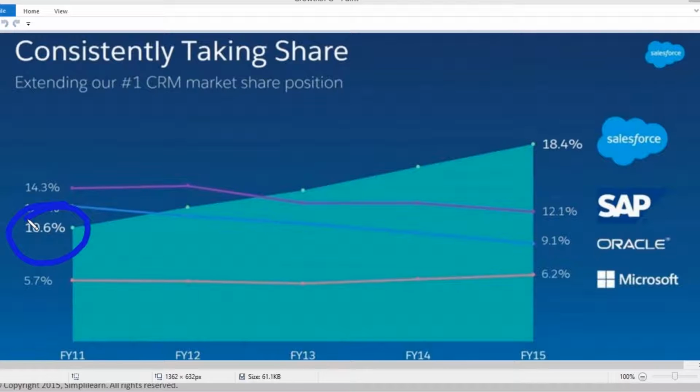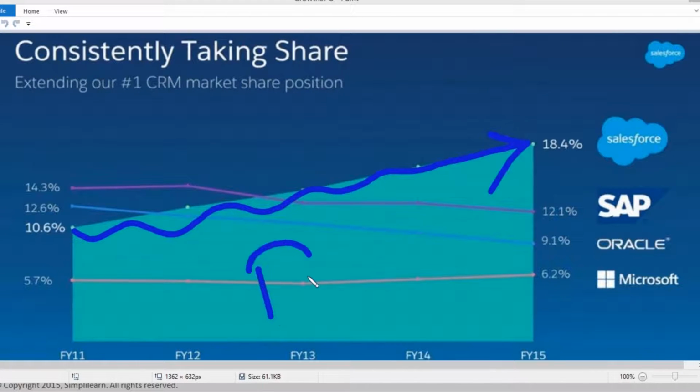And please note guys, when you compare the global market, this difference of 6.3% is really a very big number. 6.3 is not a small number when you compare the global market, and this shows where the world is moving: Salesforce. And this gap is going to keep growing, and this way these companies will lose the market.